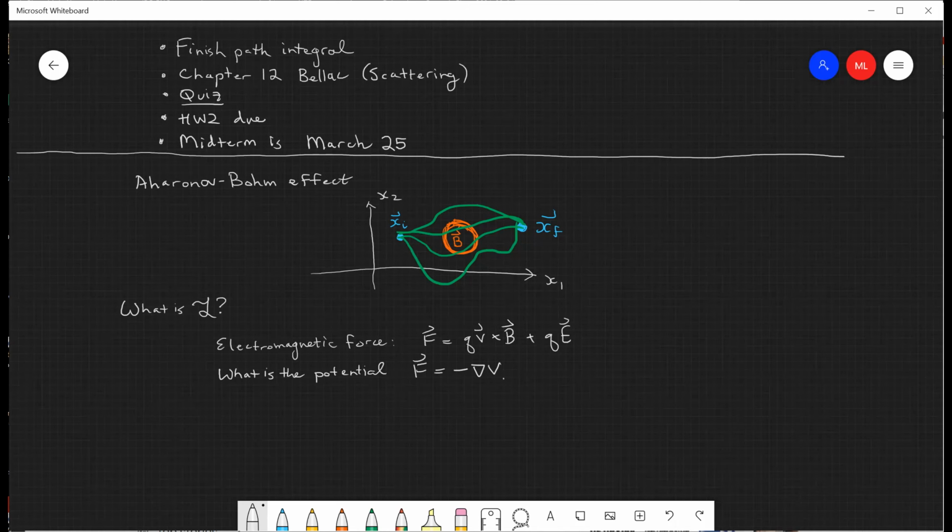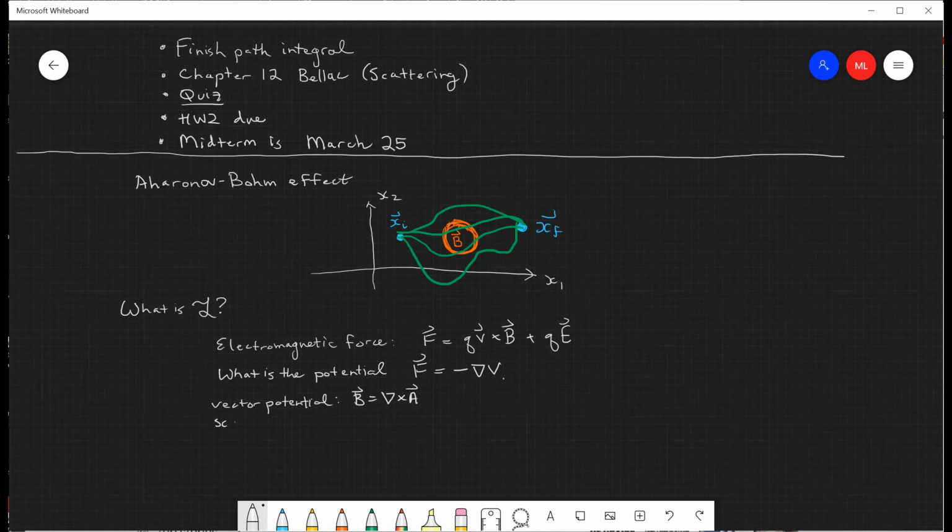So when you want to create the potential associated with electromagnetic fields, you have to introduce the vector and scalar potential. I hope you guys have seen this at some point, but you introduce a vector potential which satisfies the following equation, that when you take its curl, it gives you the B field.